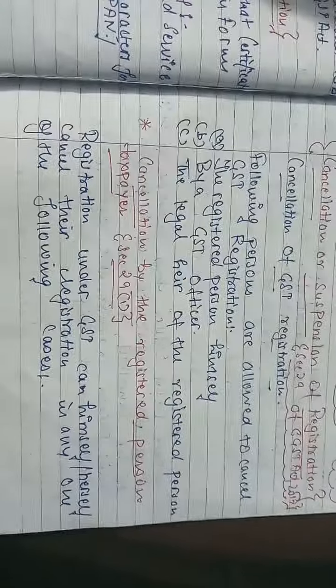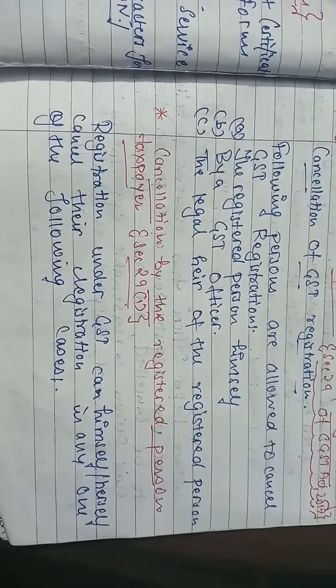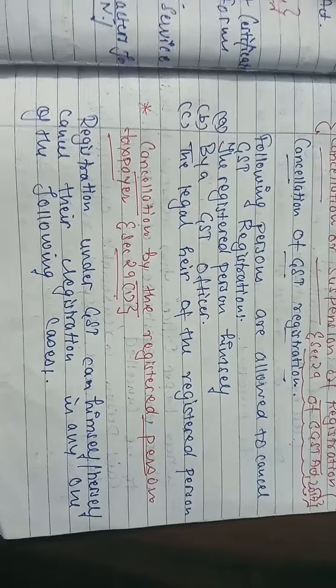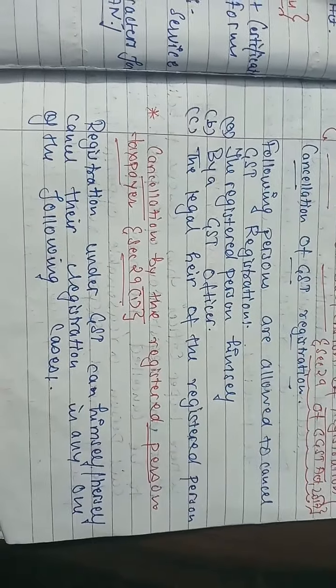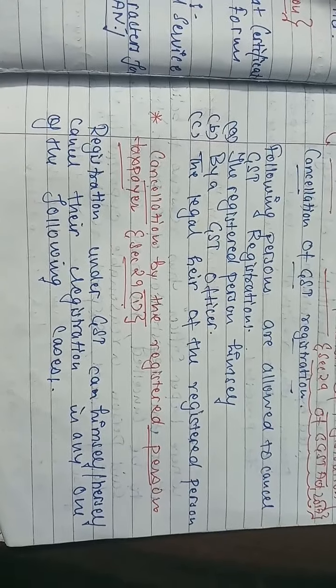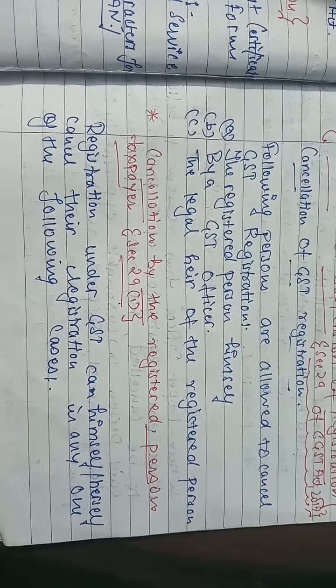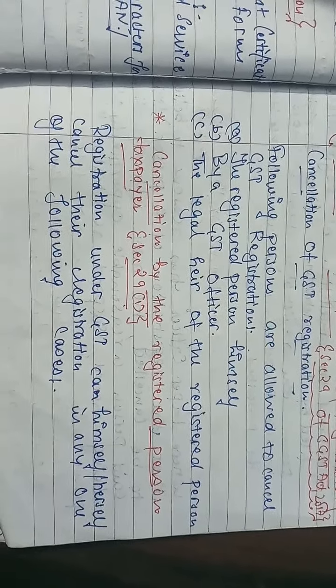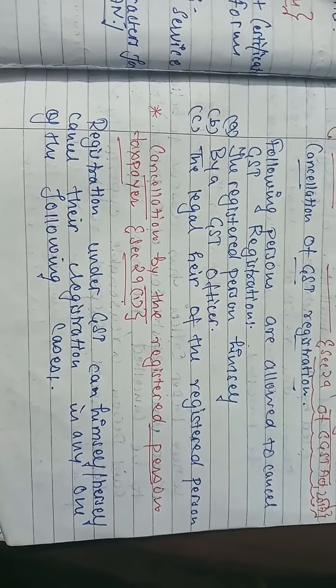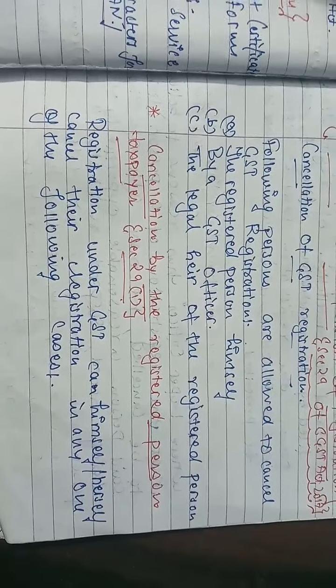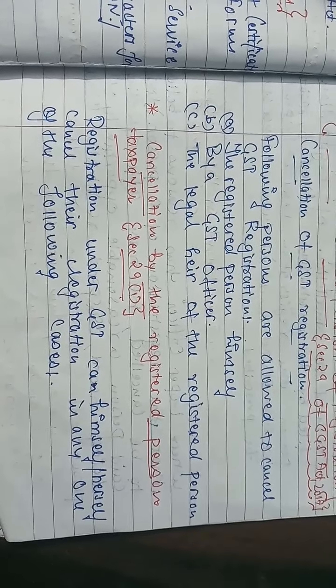Now come over its first subsection, that is section 29 subsection 1, which stands for cancellation by the registered taxpayer. The person registered under GST can himself or herself cancel their registration in any of the following cases.